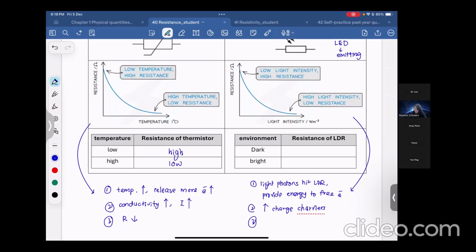Number three, when you have more electrons to flow, your resistance is decreased.